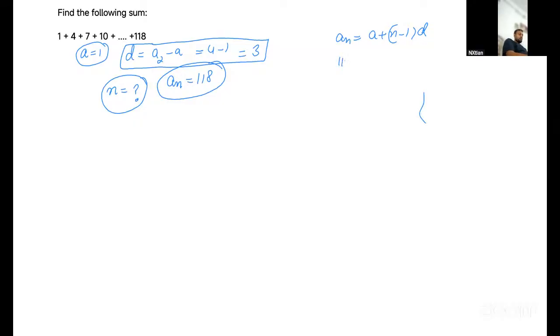Like 118 is equals to A, which is 1, plus N minus 1 into D, which is 3. 118 is equals to 1 plus 3N minus 3. So 118 is equals to minus 2 plus 3N.